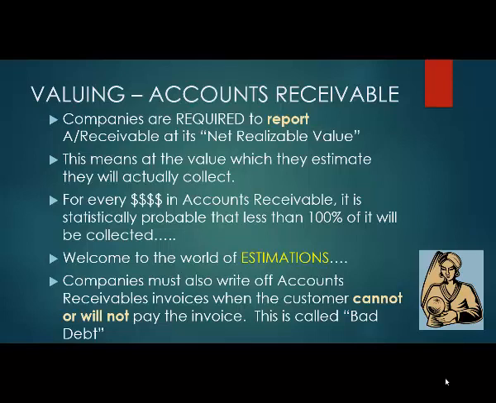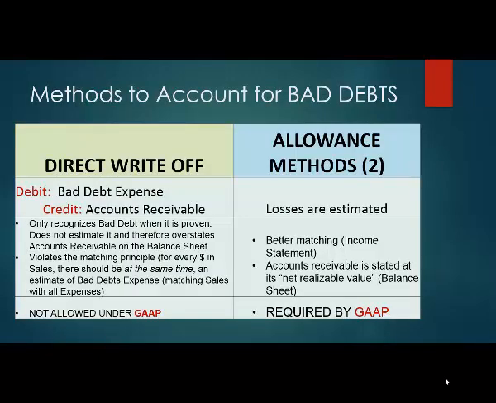And then, if a customer cannot or will not pay a bill, the account must be written off, removed from accounts receivable. When it comes to writing off accounts receivable, the only method allowed using GAAP, remember what GAAP is, Generally Accepted Accounting Principles.